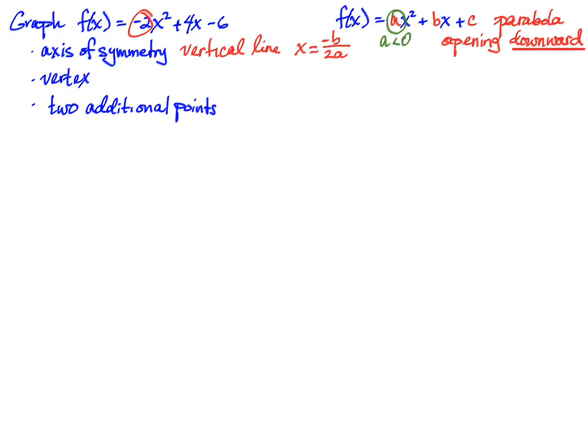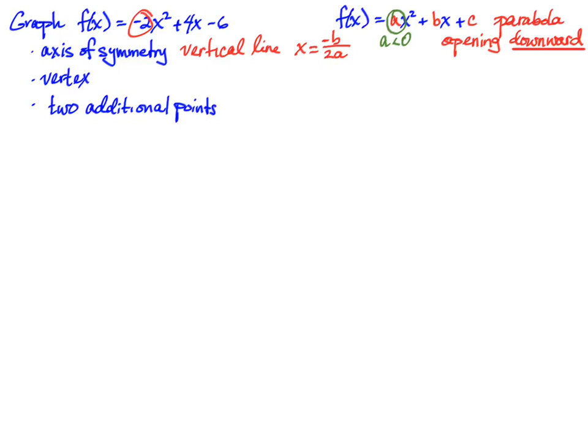Remember, a vertical line always has equation x equals some number k. A horizontal line is y equals some number k. So we're going to look for the vertical line with equation x equals negative b over 2a. That will be our mirror image. And then we're going to find the vertex of our parabola.